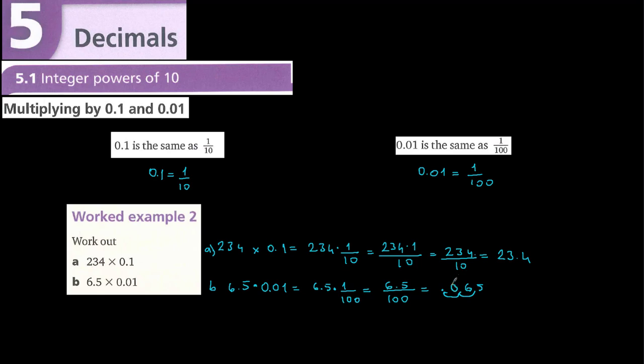That's why I'm going to fill those empty places with zeros, and the answer is going to be 0.065. I'm going to solve one more exercise, which is not on this page, later.